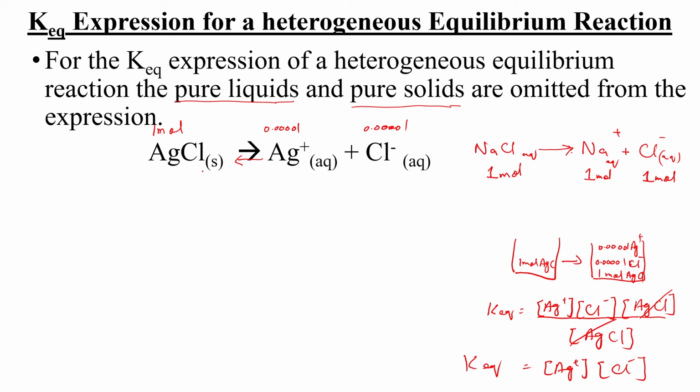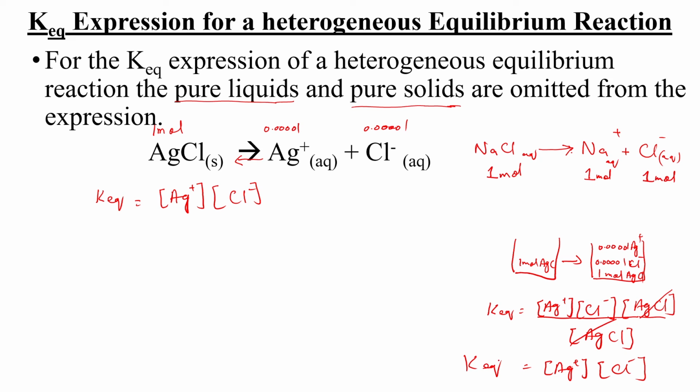So if you are writing the K equilibrium for a heterogeneous reaction, you don't really have to do all this scratch work that I did. You will simply write that this K equilibrium is the product of the solubilities of the products that we have. And you are not going to divide it by the reactant because we are ignoring the pure solids.